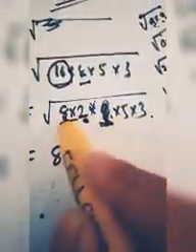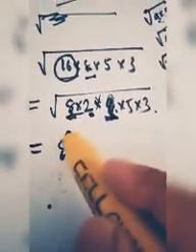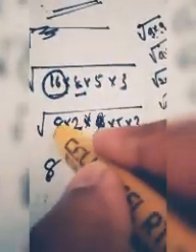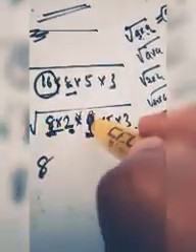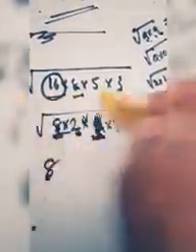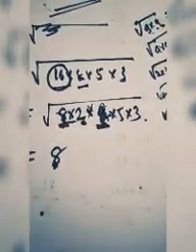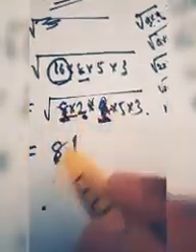So in order to get this advantage, I wrote 16 as 8 into 2, because if I write 16 as 8 into 2, the two same numbers will be there. So square root of two same numbers will be any one of the numbers, 8. Is it clear? Then square root of 8 into 8 is 8.